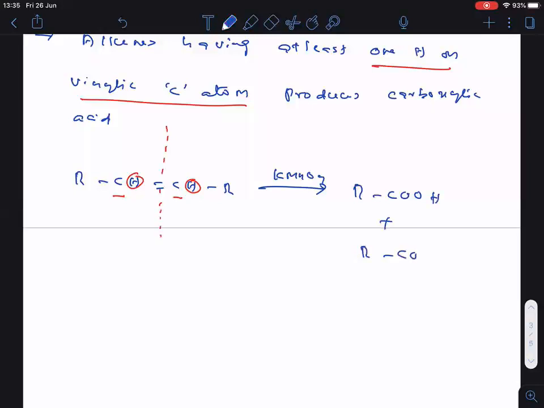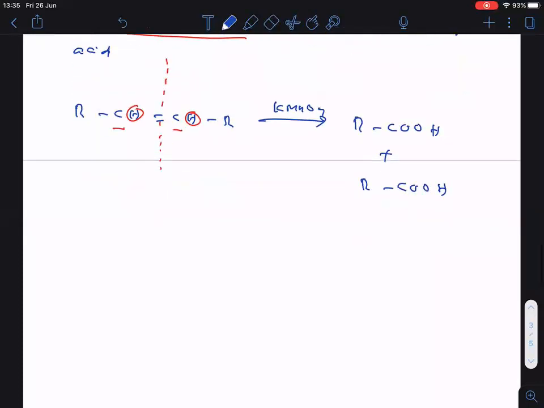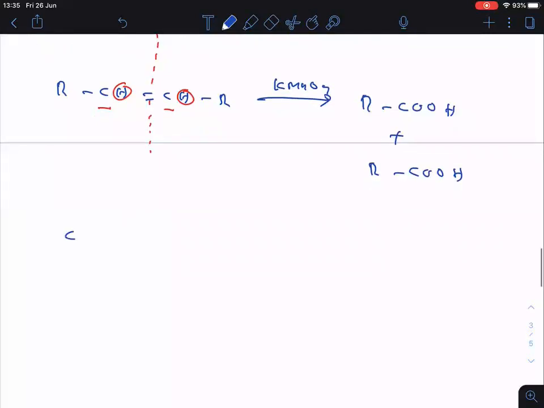Similarly, from the right side also we will get RCOOH only. Clear, everyone?